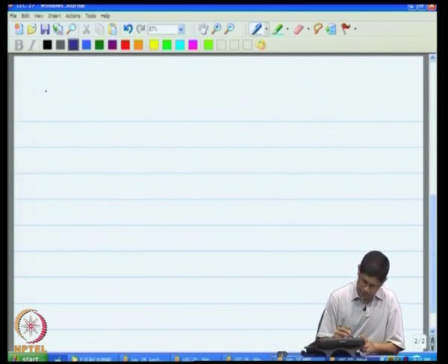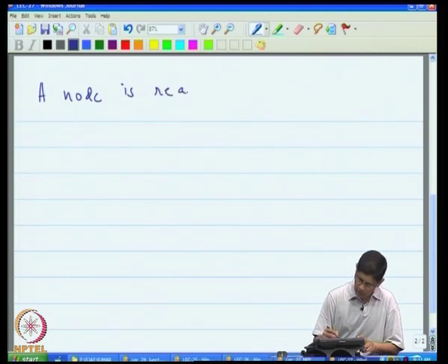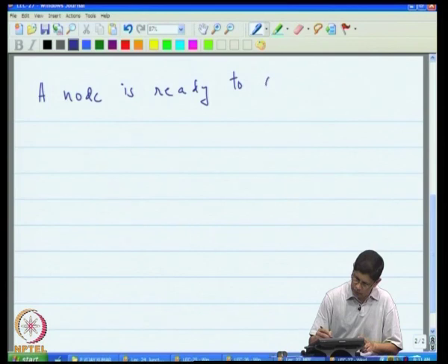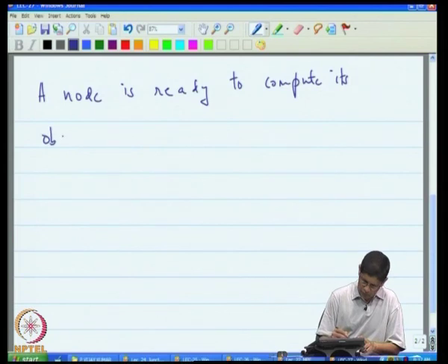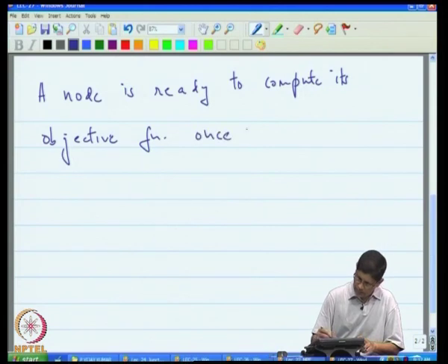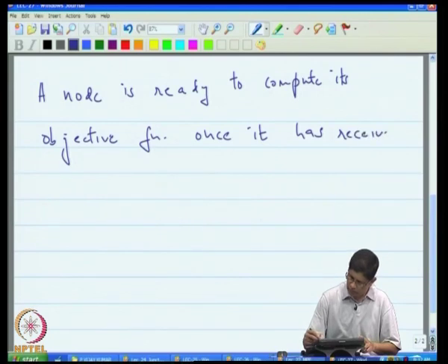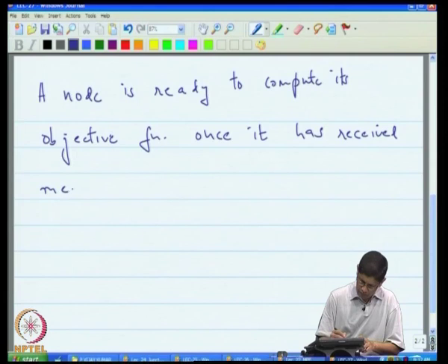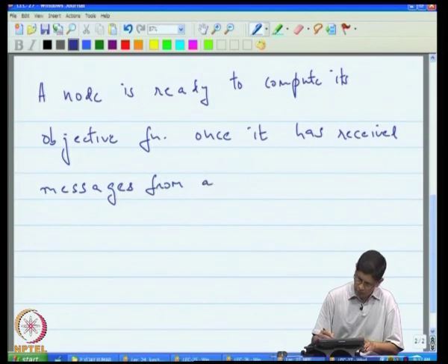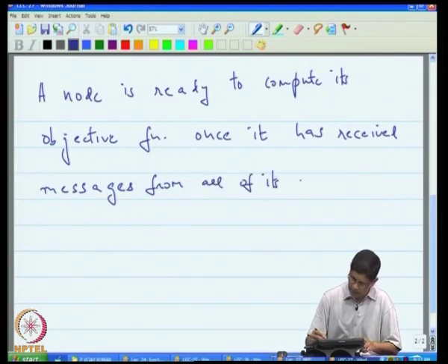A node is ready to compute its objective function once it has received messages from all of its neighbors.